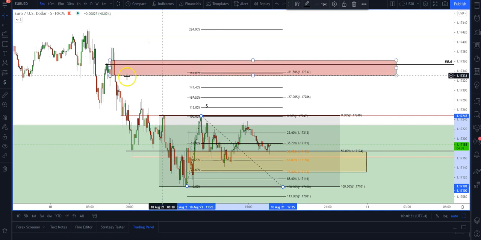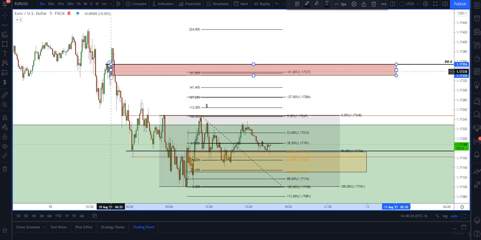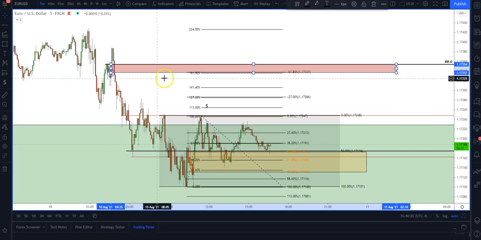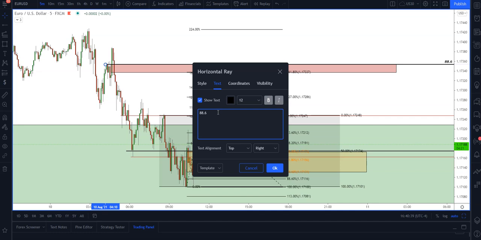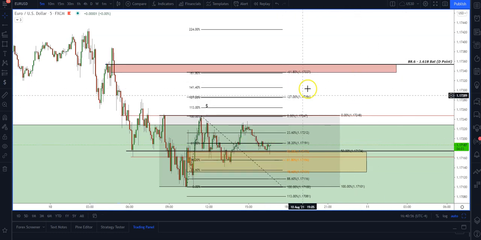So 1.618 right here. So we can refine this to be in the zone right here. Our PRZ zone, our target zone is right here. This is our target zone for D. 161.8. Right, so that's our target zone.